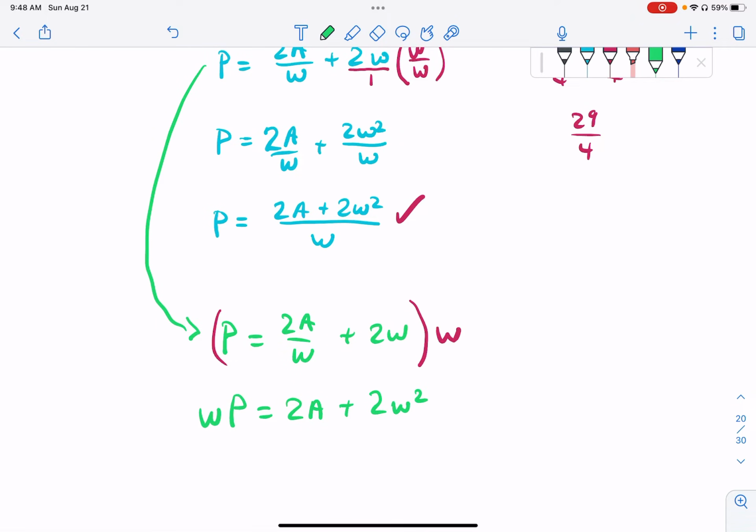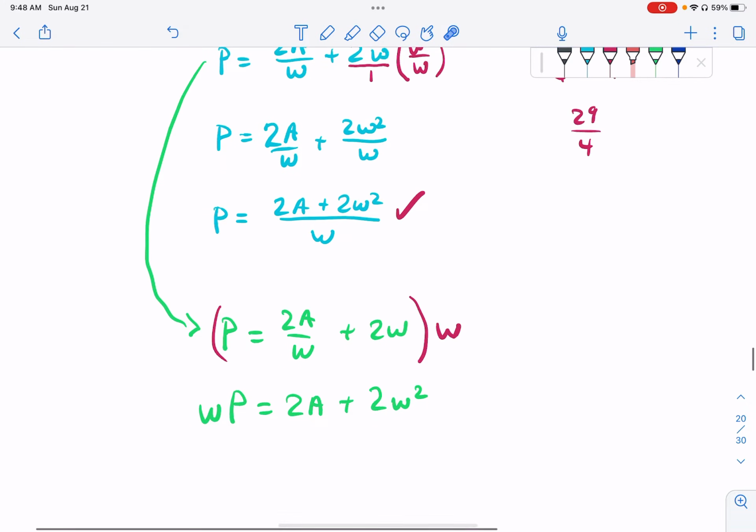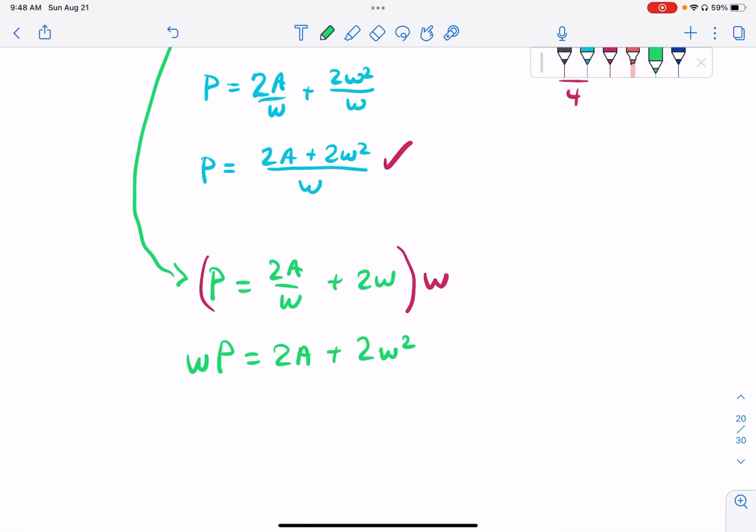Okay, and then we wanted to solve this for P, so P is by itself. P is being multiplied times w, so you can just divide by w, and that would be P is equal to 2a plus 2w squared over w, which of course matches up with this one.